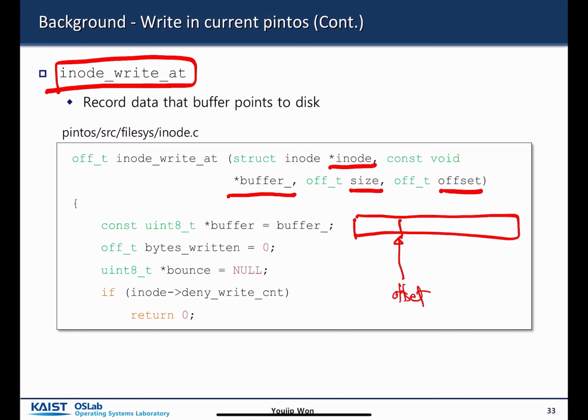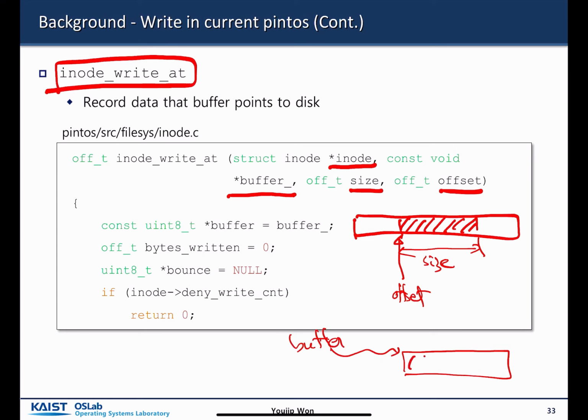And in inode_write_at, you write size amount of data, and this is the buffer. So you write this, this is size. So you write this here. This is how inode_write_at works.